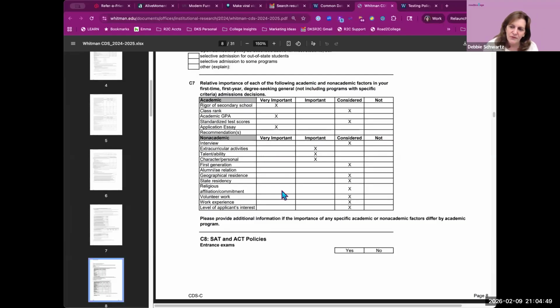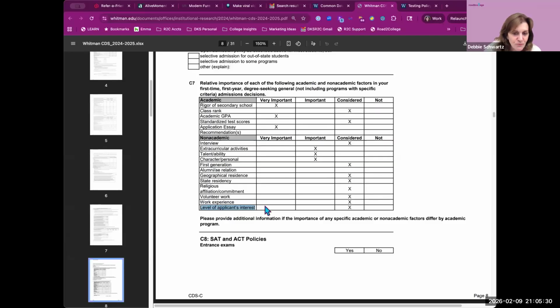So it always struck me that if Tulane is listing volunteer work that high up, then again, that's another clue that if your student has that type of experience, they really want to hear about it because that's important to them. So these check marks or X's give you an insight into the admissions office and what they're focusing on. You can see Whitman is saying that the level of an applicant's interest is also another term for demonstrated interest, if you've heard that.